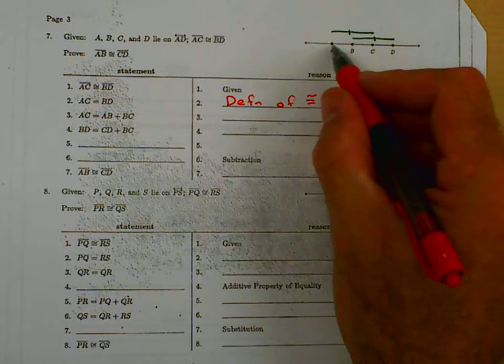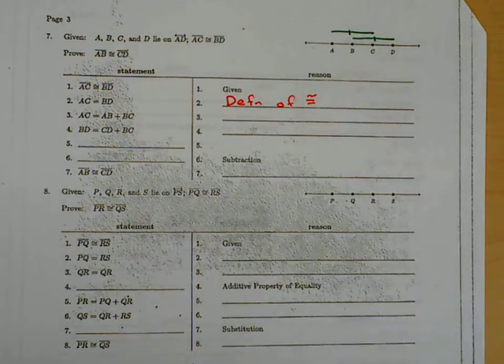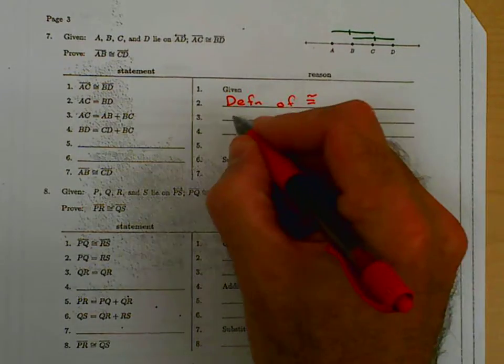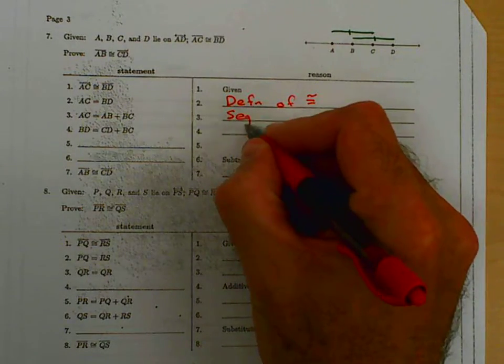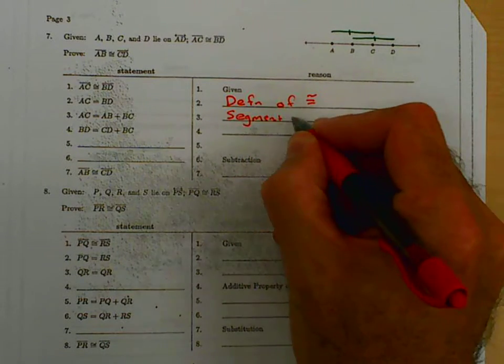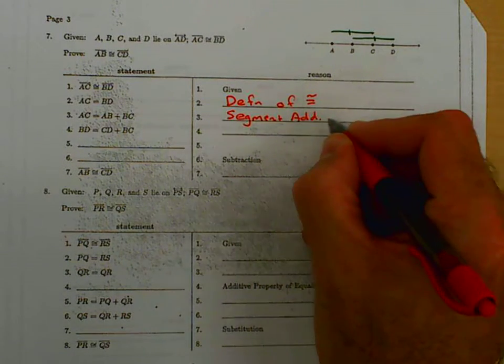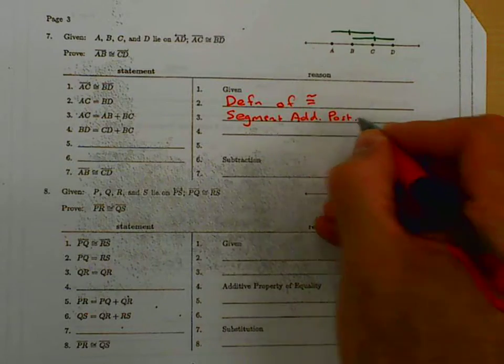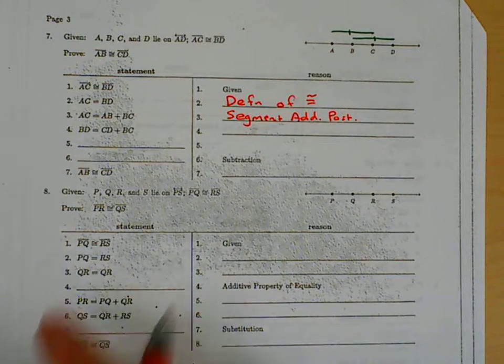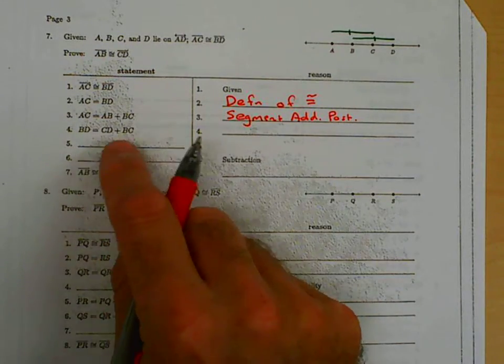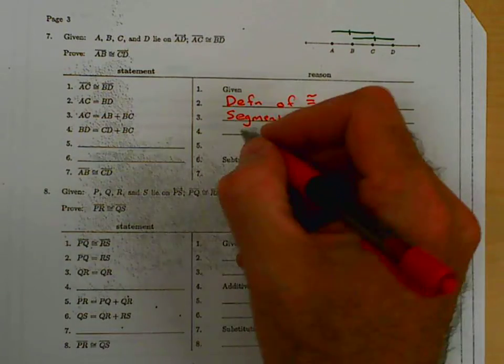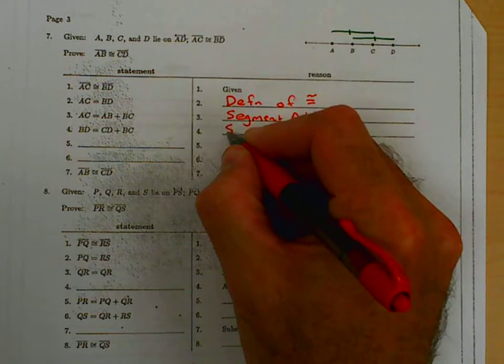That's again part and part equals the whole part. That's segment addition postulate. And we do the same thing for BD equaling its two smaller parts. So that's segment addition postulate.